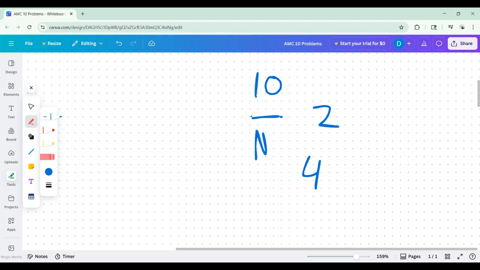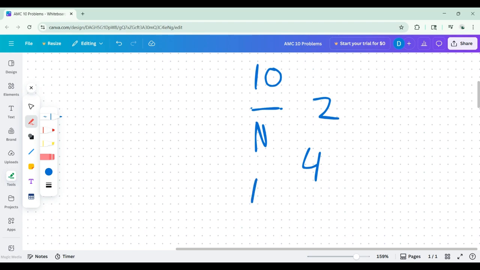So 10 divided by 4 does leave a remainder of 2, and if we subtract the remainder 2, then we know that it is simply divisible by n, or the number 4. So we tested that property, it works.